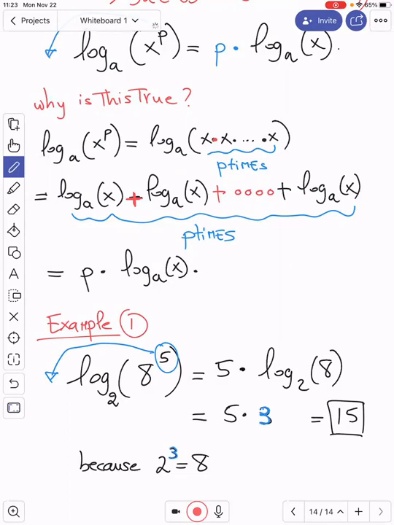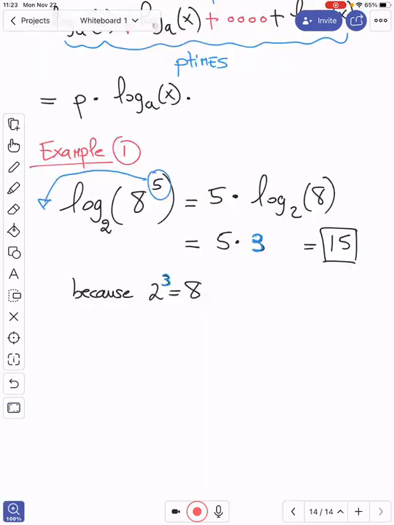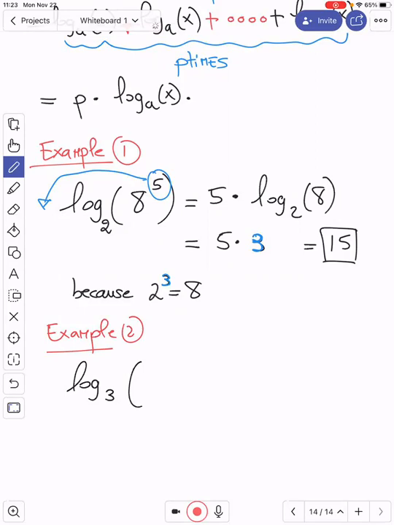Example number 2. Let's say you have log in base 3 of 27 to the power 4.